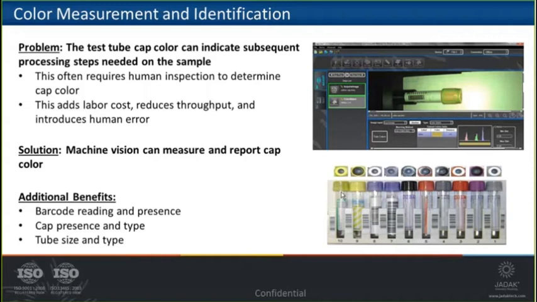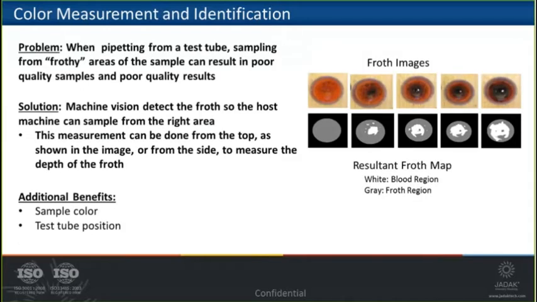We can use machine vision to first find where that cap is in the image, then take a sample of the side of it to determine the color and report back to the host system, yes, that's a red cap, or a yellow cap, or a blue cap. Today, that's done in the lab by a technician holding up the test tube to a color chart and somehow punching that into the system, where we can automate that now and eliminate the errors.